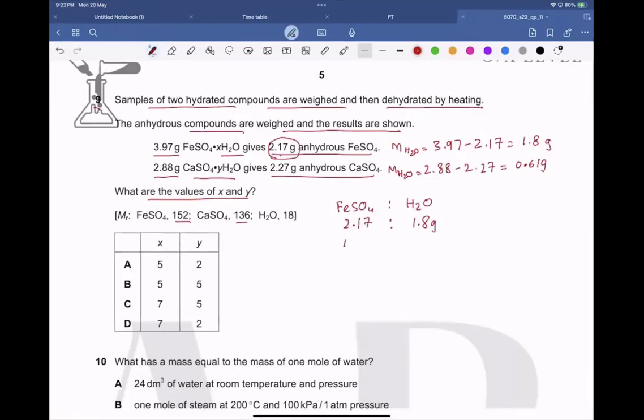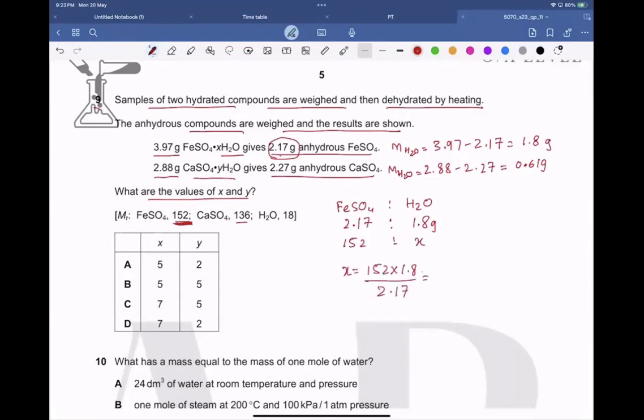So if the iron sulfate is 152, which is its 1 mole, then how much water must be added? Can anyone calculate the value of X? So X is going to be 152 times 1.8 divided by 2.17.